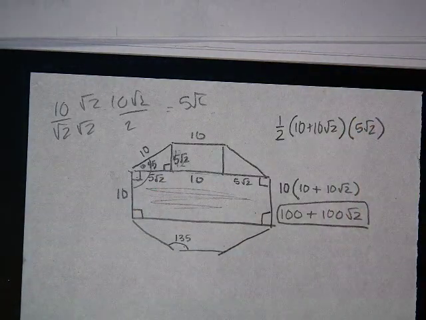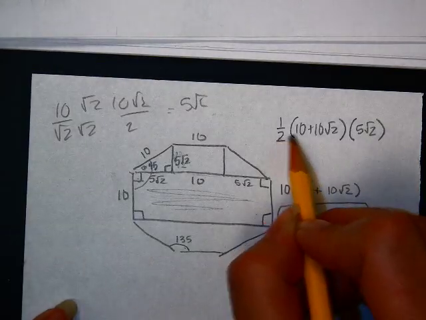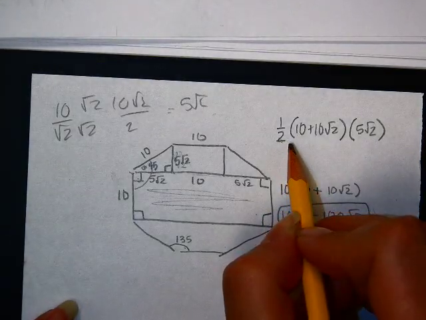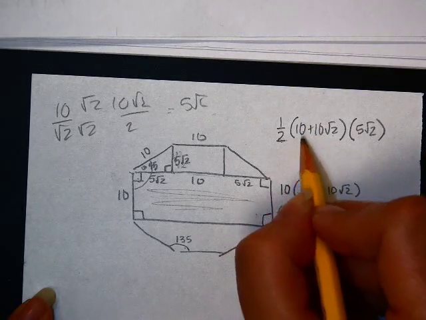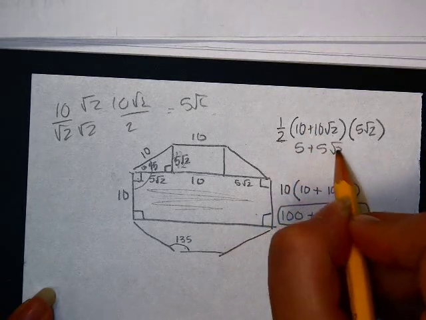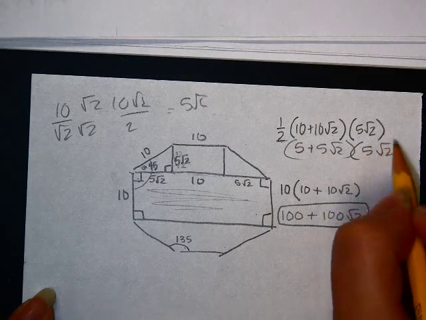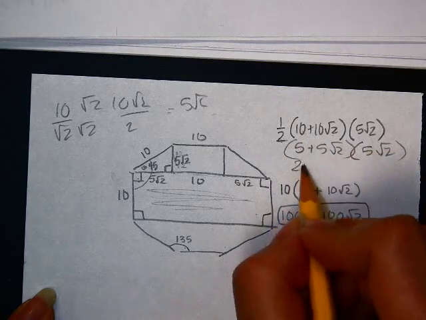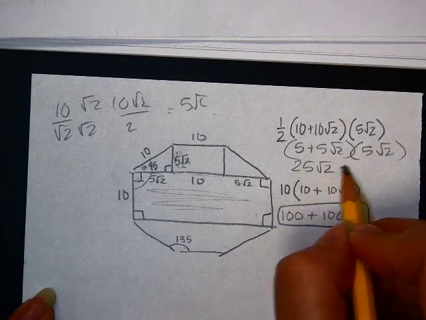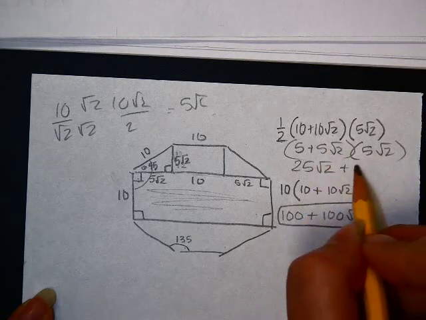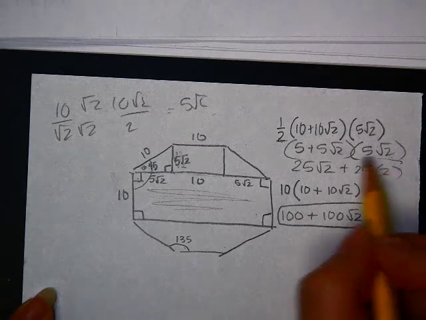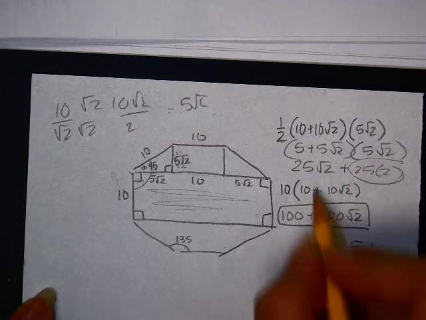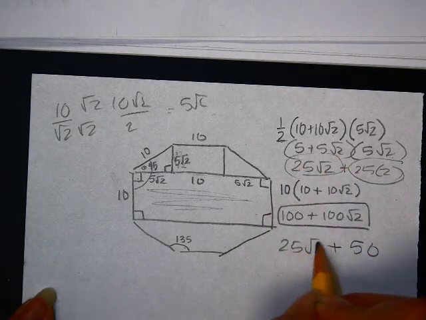So that's a little tricky. Let's go ahead and look at this. Let's do the halves in here first. So we've got 5 plus 5 root 2 times 5 root 2. So this is 25 root 2. This is 25, but root 2 times root 2 is 2. So this is going to be 50, and this is going to be 25 root 2.